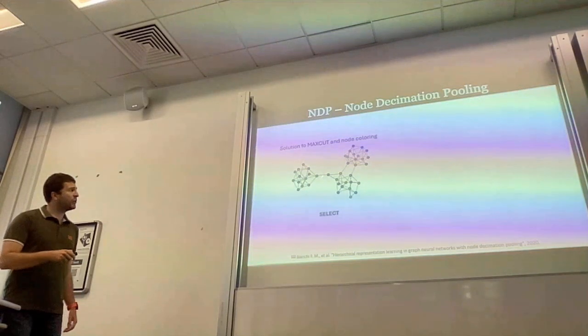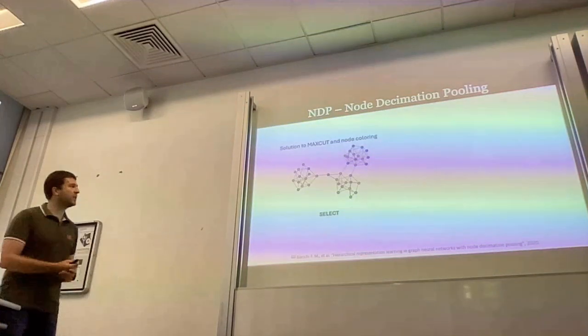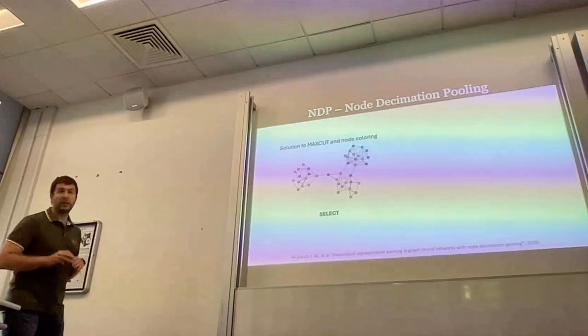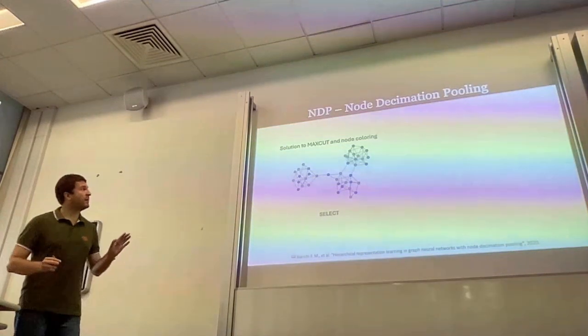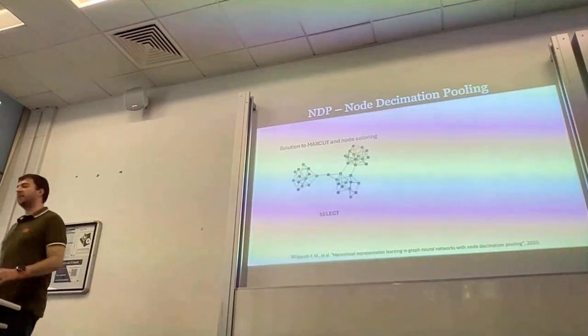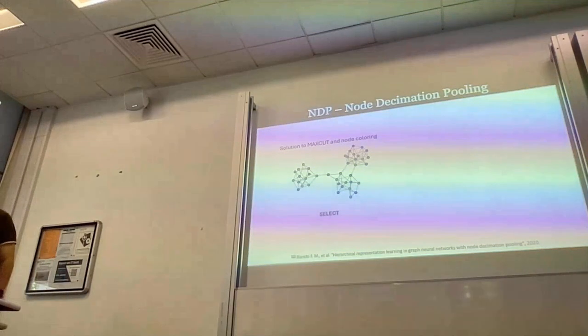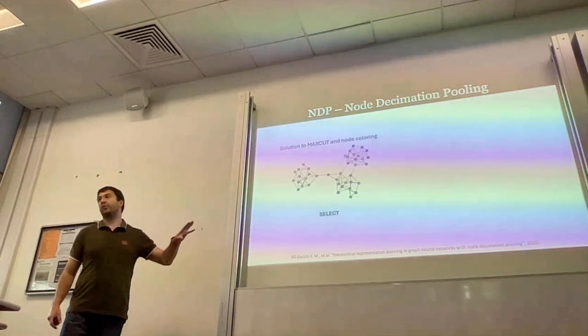Of course, there are some situations where it's not possible to color two nodes differently. You can only do it if the graph is bipartite. But anyway, the max cut tries to solve this as well as it can. So the select operation in NDP is just trying to do this sort of coloring.